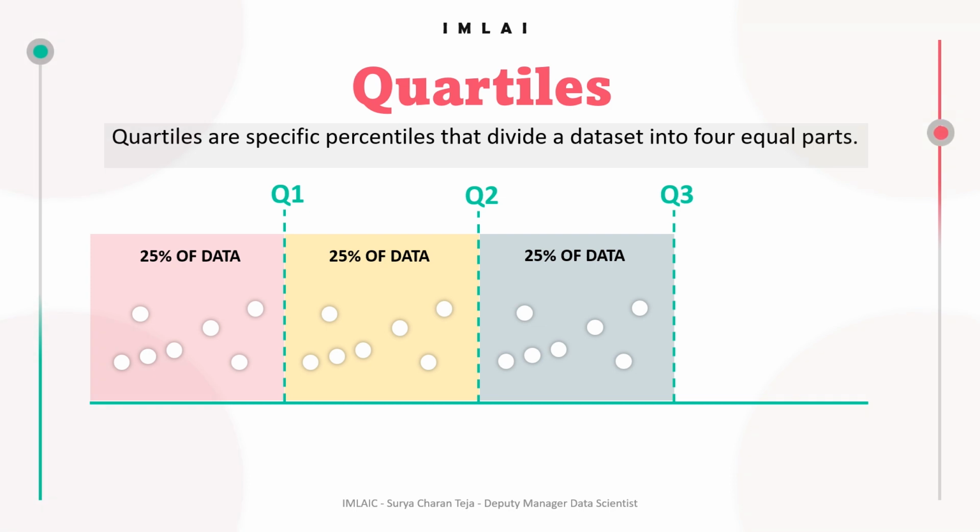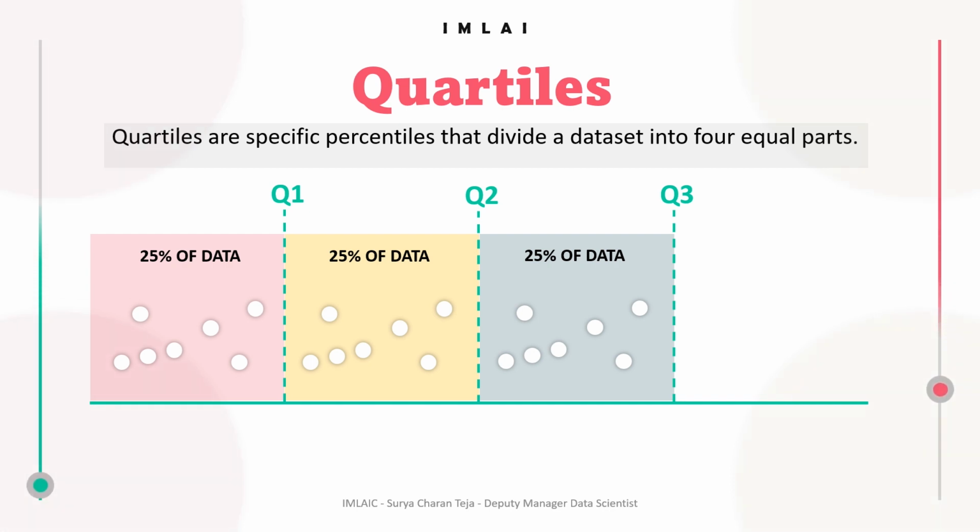That means 75% of the data points fall below this value, which is called the 75th percentile, quartile 3, or the third quartile.